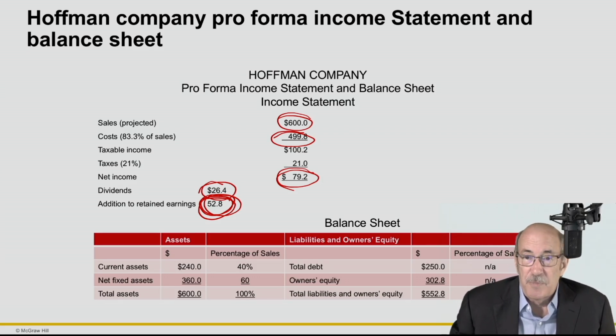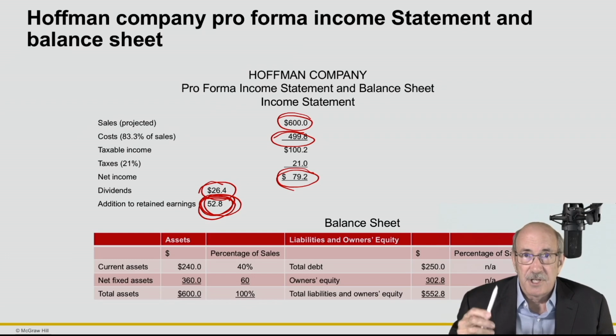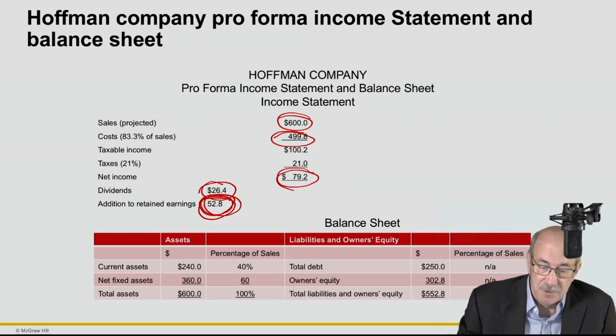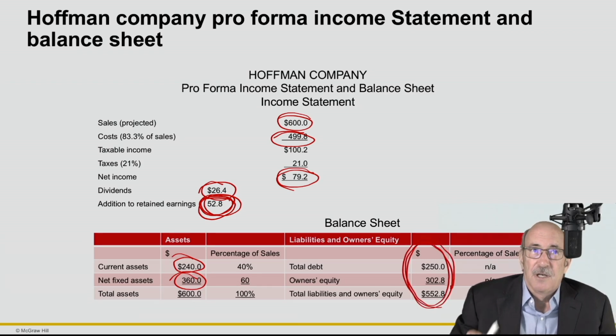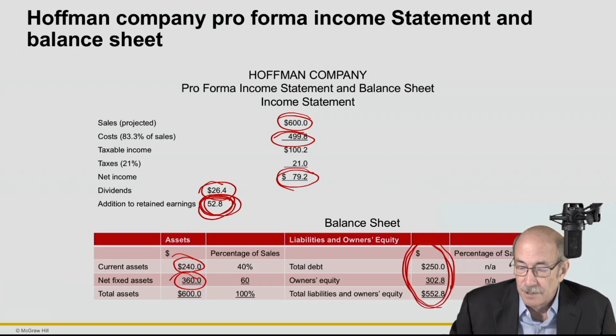When we look at the new balance sheet, we needed $100 of additional assets. That was split up between current, went up by 40, and fixed went up by 60. And over here on the right-hand side, you'll see the figures that we just calculated 2 slides back. All right? Everything good? Okay.